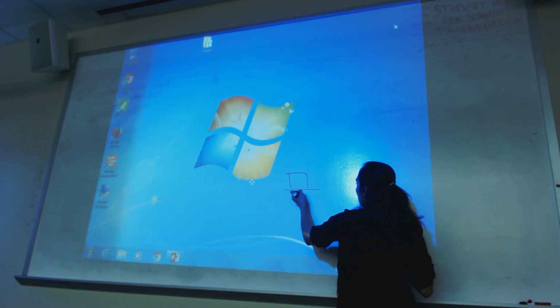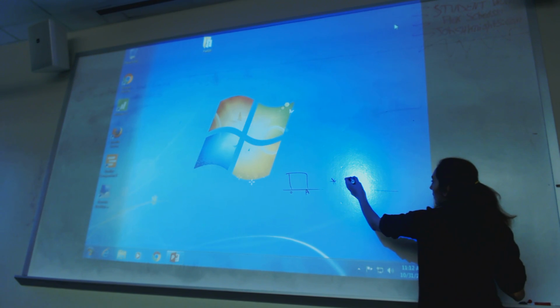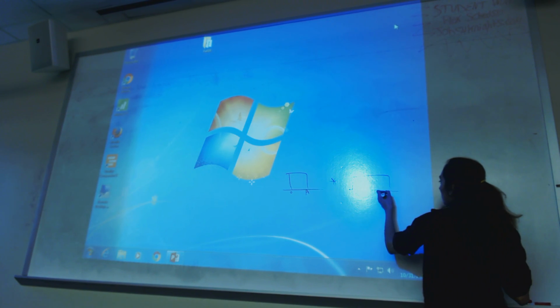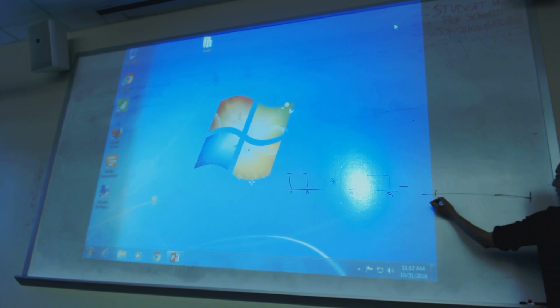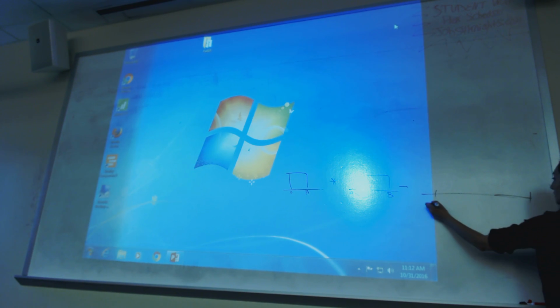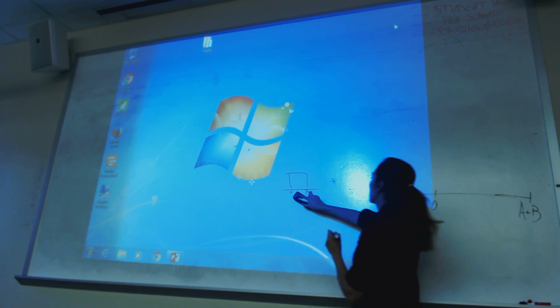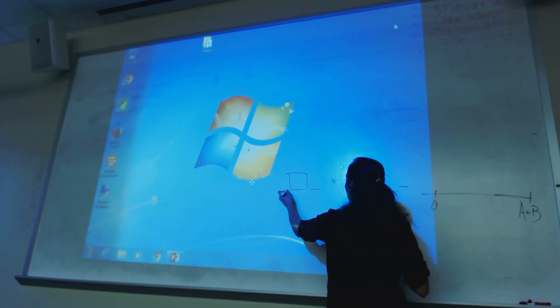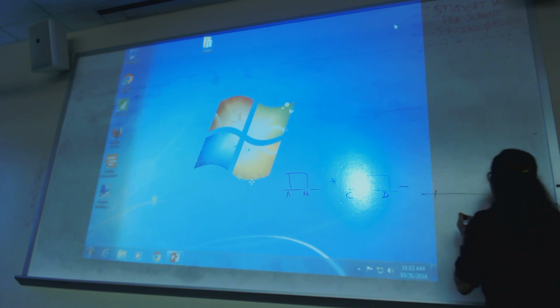If I have, let's say, a signal from 0 to A, and then convolve this with something from 0 to B, what do you think the duration will be? 0 to A plus B. Or in general, let's say this is from A to B and this is from C to D, what will be the duration?